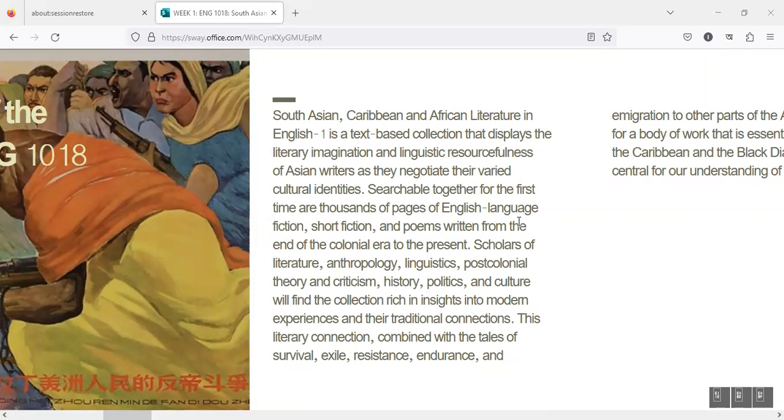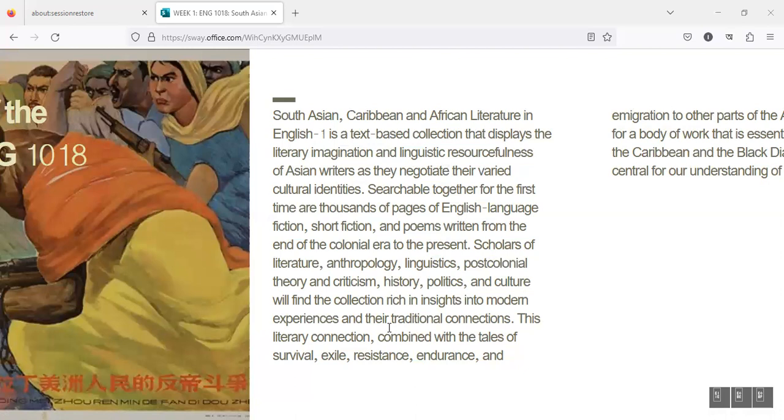I mean, the British colonial era. Scholars of literature, anthropology, linguistics, post-colonial theory and criticism, history, politics, and culture will find the collection rich in insights into modern experiences and their traditional connections.